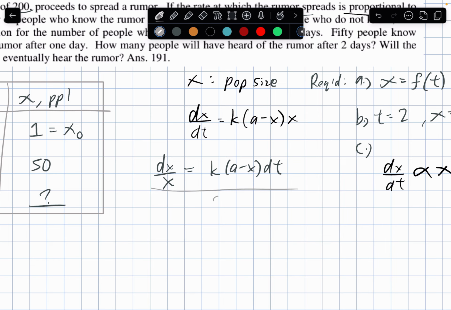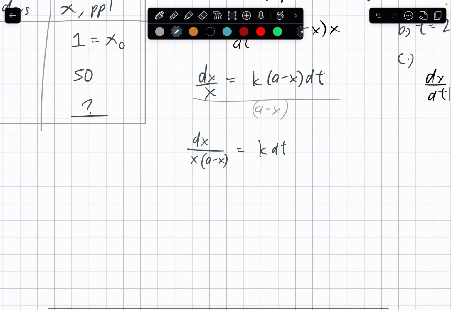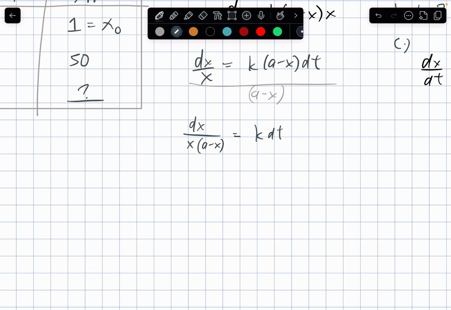Let's also move a minus x to the other side. I'm not sure if we can solve this as a linear DE. I think that's harder. Let's try to make this variable separable.